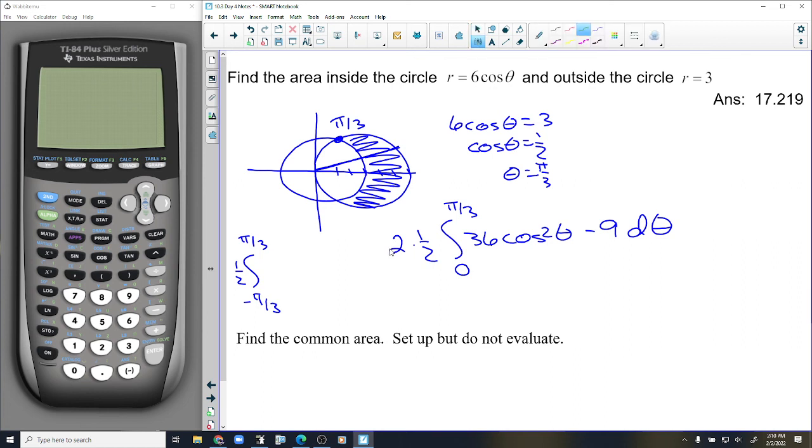But now the common area would be here. There's a little trick to this one. I like this one.